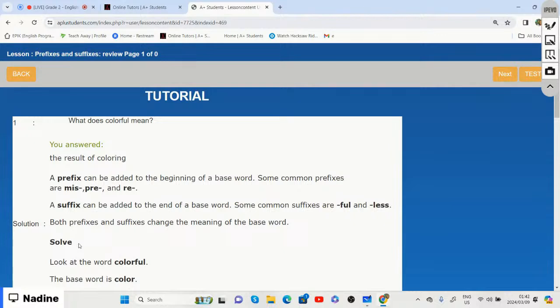So now, if we look again at prefixes and suffixes, right? Prefixes, we said we can add at the beginning of a base word. And remember, we said a base word is a word that can stand on its own, whether with or without a prefix or suffix.